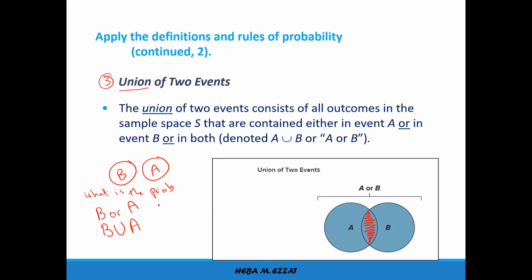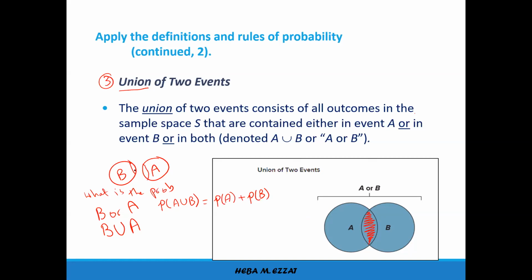So in order to calculate the probability of A union B, we would say it's the probability of getting A plus the probability of getting B, but you have to be very careful, as these two events are intersecting in this area. So this area is included here, and it's also included here, right or wrong?